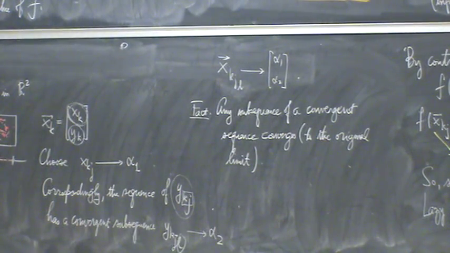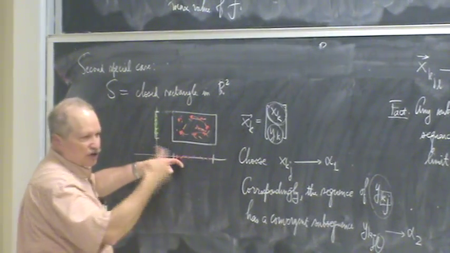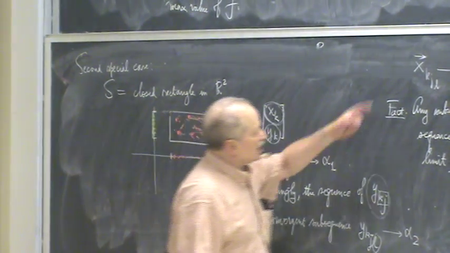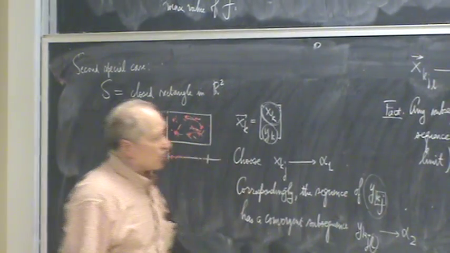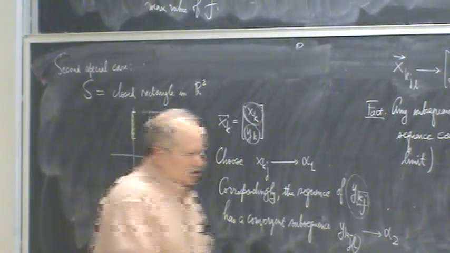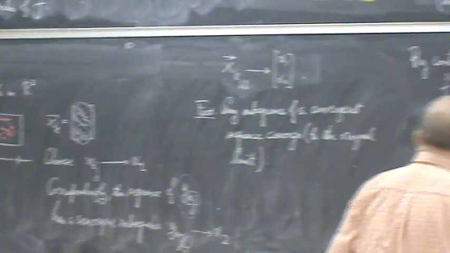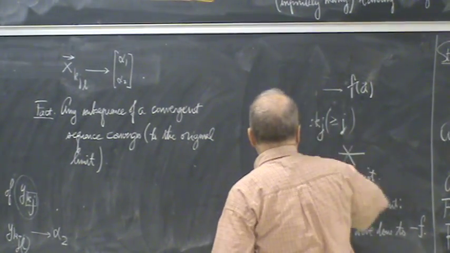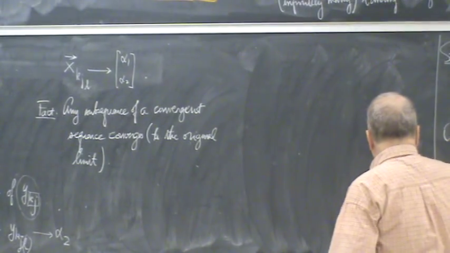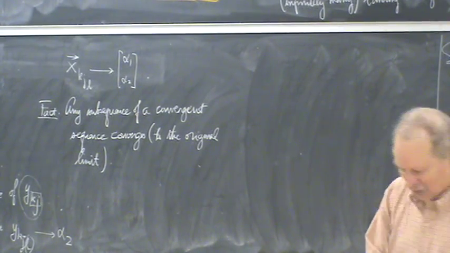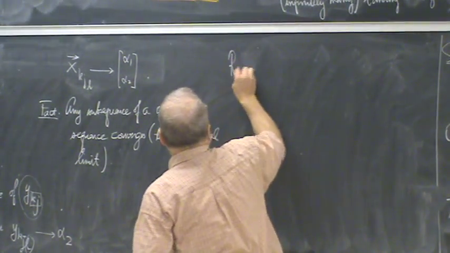So by starting with a convergent subsequence for this guy and then successively taking more subsequences, I'm creating a subsequence that converges in every coordinate. You could do that, in fact, over and over and over again, n times, and you would have a proof for a closed rectangle in Rn.